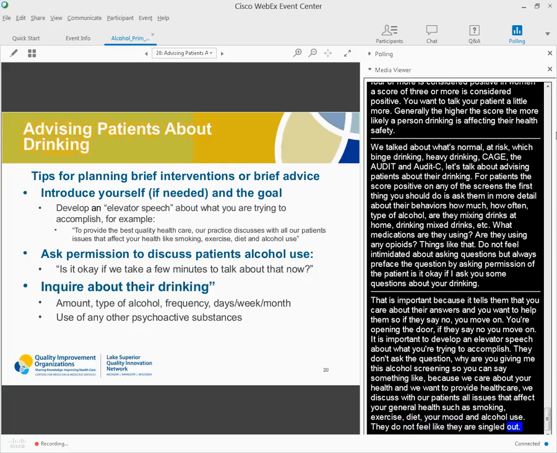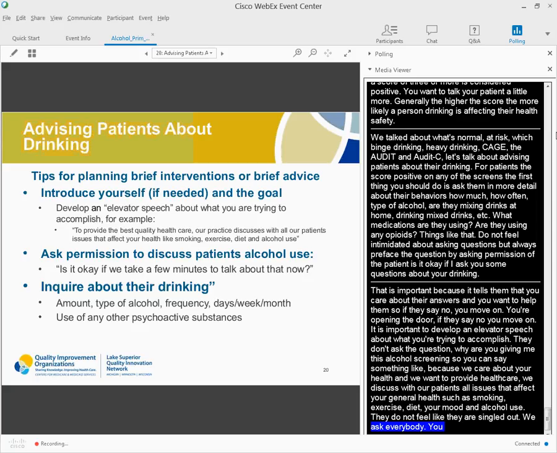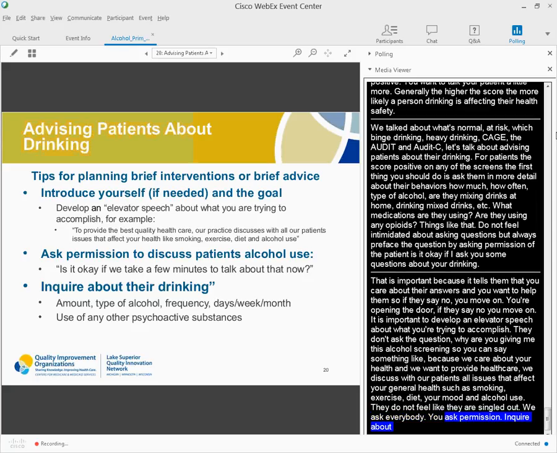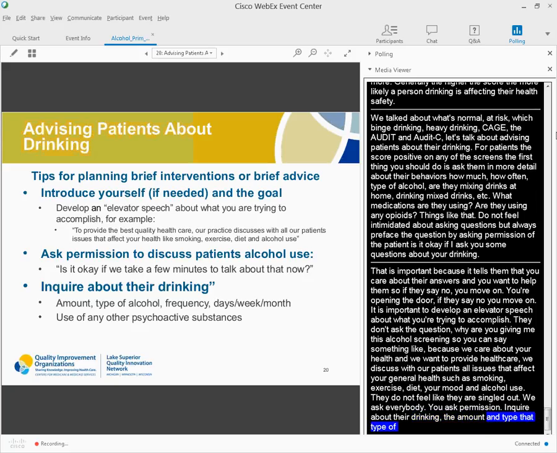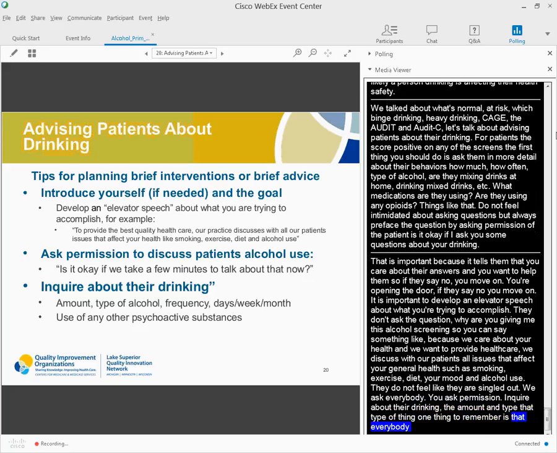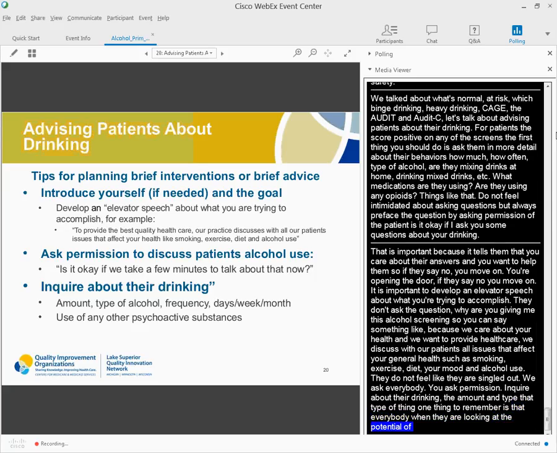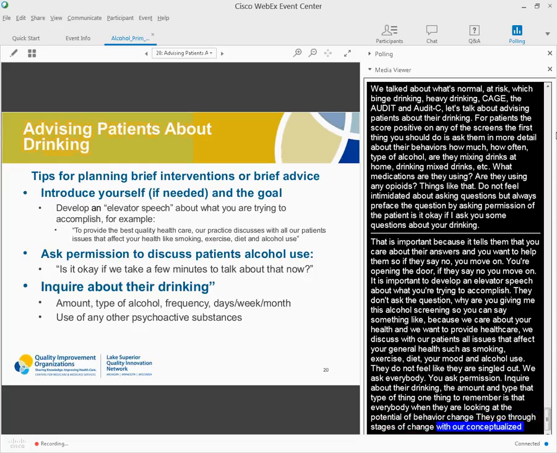Okay, so again, we're going to ask permission. Can we talk about that now? Inquire about their drinking, amount, type, frequency, that type of thing. So one thing to remember, though, is that everybody, when they're looking at the possibility of behavior change or are being asked about behaviors that may need changing, goes through stages of change, which were conceptualized by Prochaska and DiClemente.